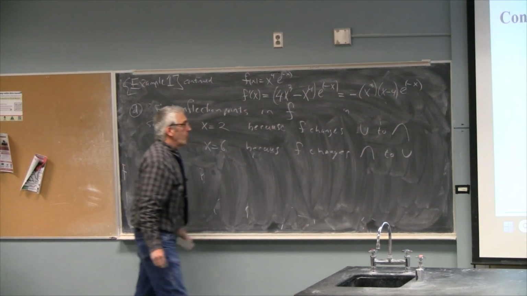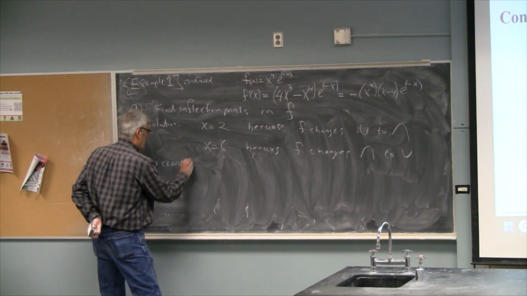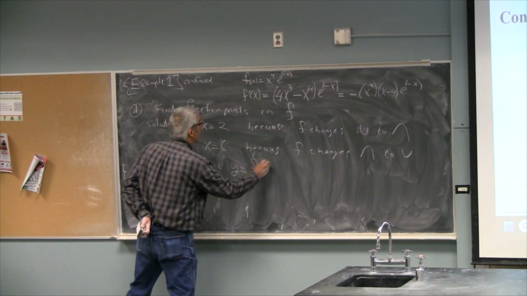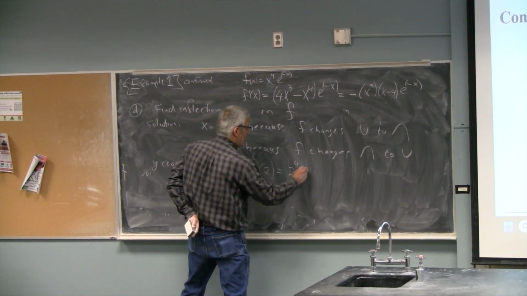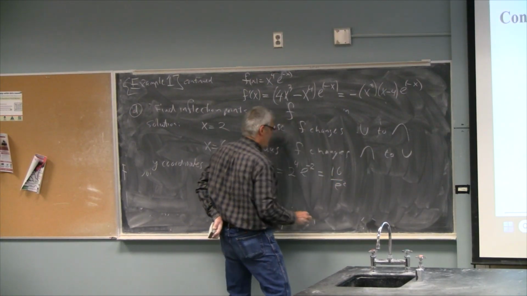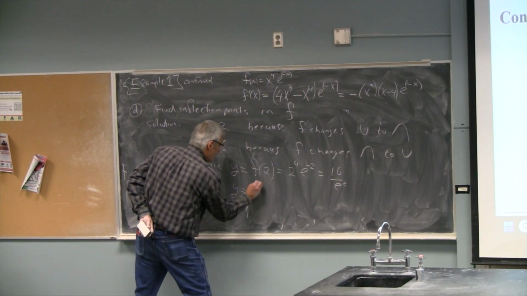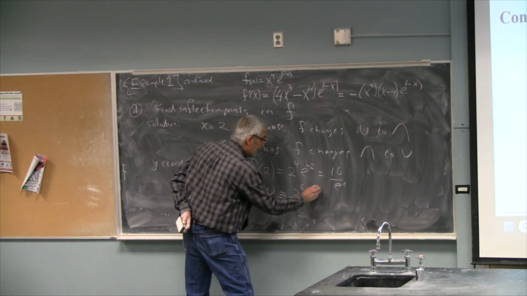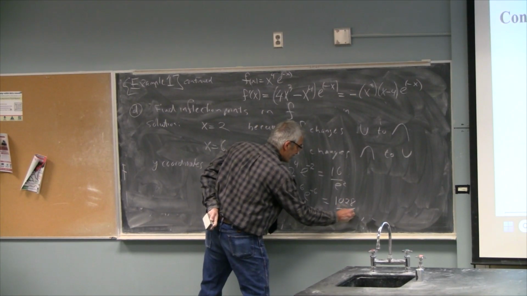So the y coordinates are, well, the first one is going to be y equals f of 2. So I go back to my original function. 2 to the 4th, e to the minus 2. So that's going to be 16 over e squared. And the other one is y equals f of 6. So that's going to be 6 to the 4th, e to the minus 6. So that's 1296 over e to the 6th.